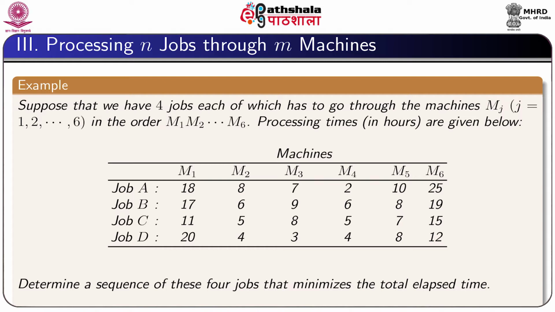We have 4 jobs, each of which has to go through the machines Mj, where j equal to 1 up to 6, that is, there are 6 machines, and we have to process these 4 jobs in the order M1, M2 up to M6. Processing times in hours are given in this table. So, we have to determine a sequence of these 4 jobs that minimizes the total elapsed time.